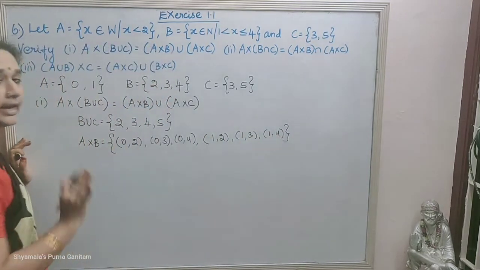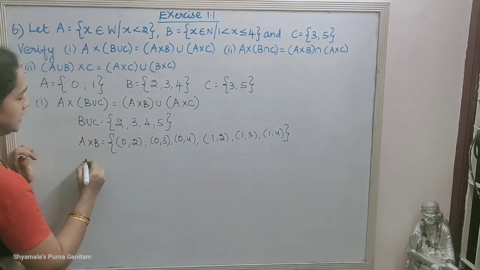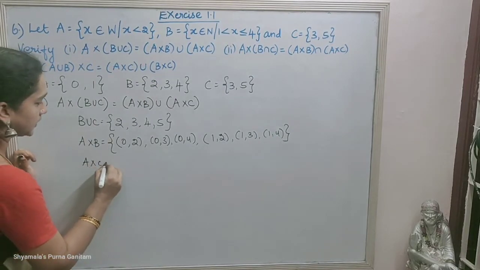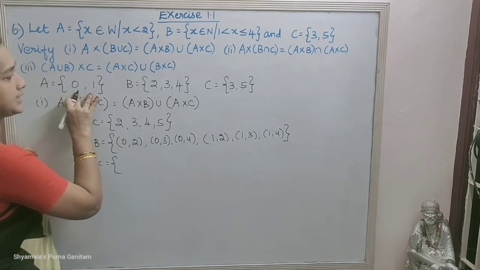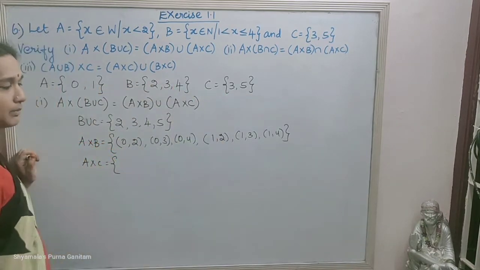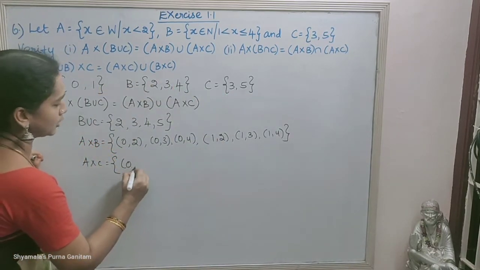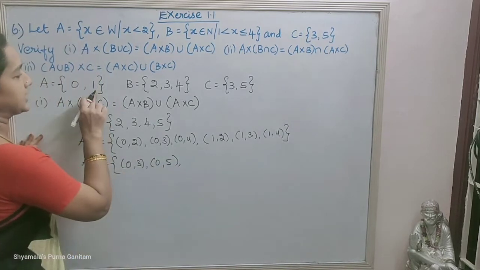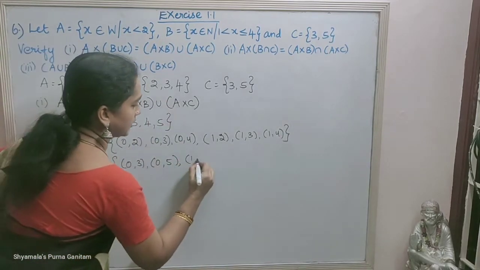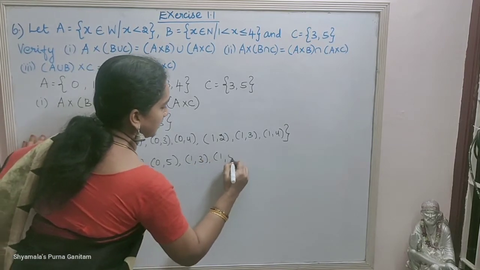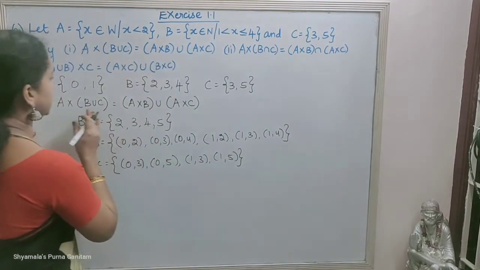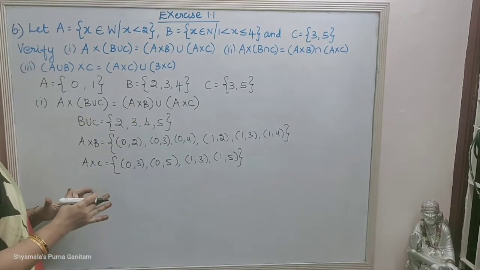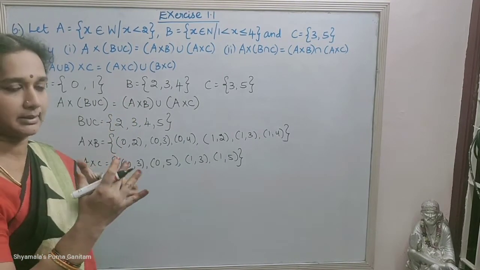This is our A × B. Then A × C: A is {0, 1} and C is {3, 5}, so (0, 3), (0, 5), then with 1, (1, 3) and (1, 5). So we got the elements of each set separately.